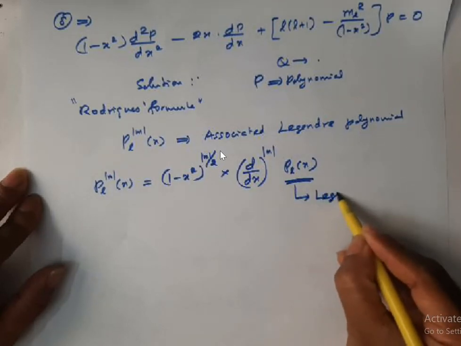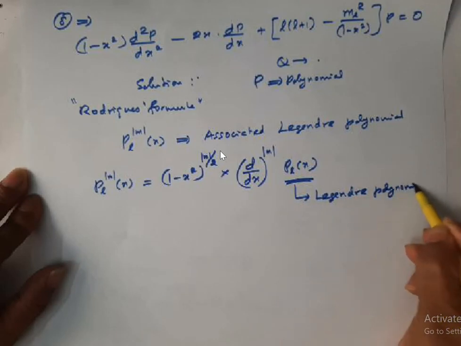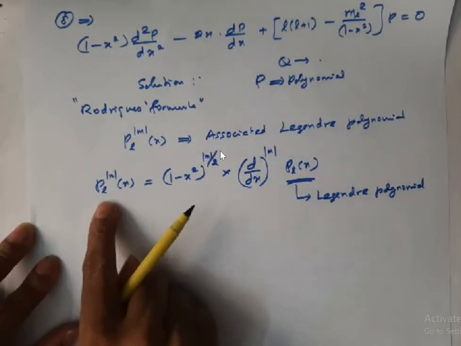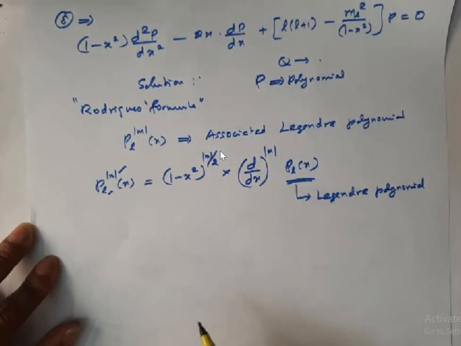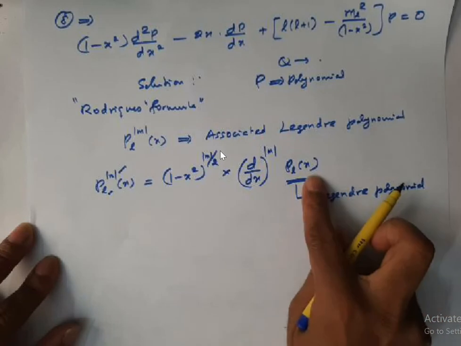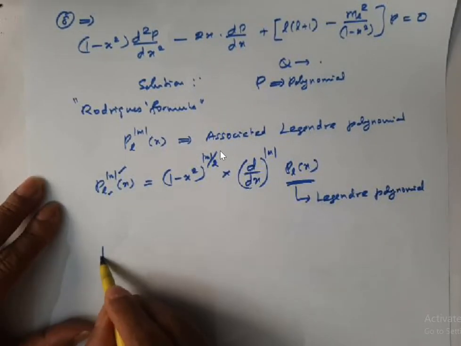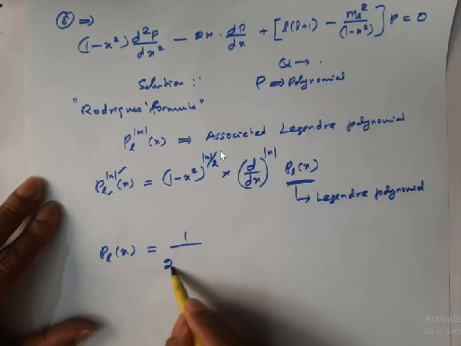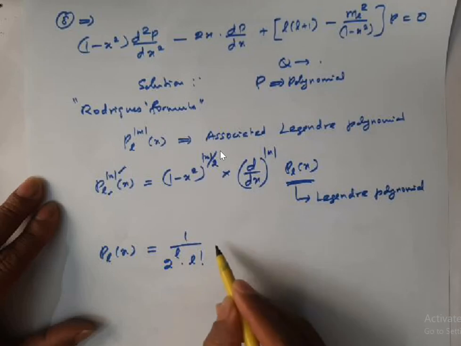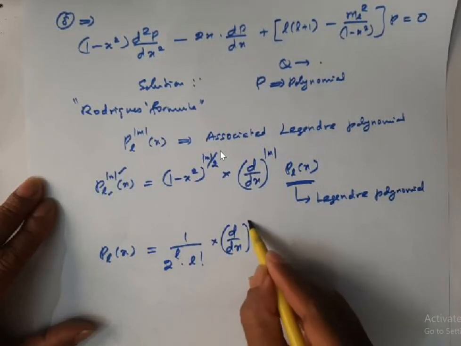In between, the function will look like this: d by dx whole power modulus of m into PL of x, where this PL of x is called the Legendre polynomial, of order m, degree L. This is the associated Legendre polynomial, and this is the Legendre polynomial.